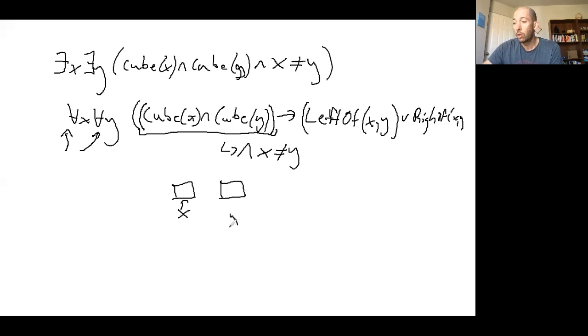So y would have to pick out that cube. And now this sentence will be true. Every cube is going to be either left of or right of every other cube. So in the case when x picks out the left one, it's true that x is left of the one on the right. And the same possibility has to hold if I had assigned y to the left cube, and if I had used x to denote the cube on the right.